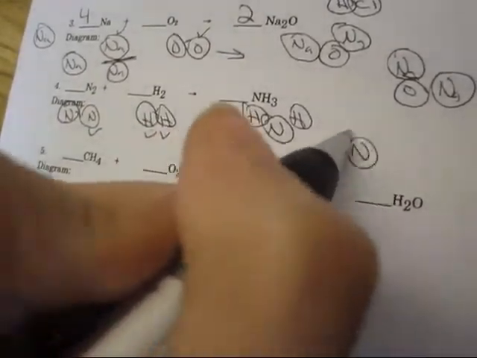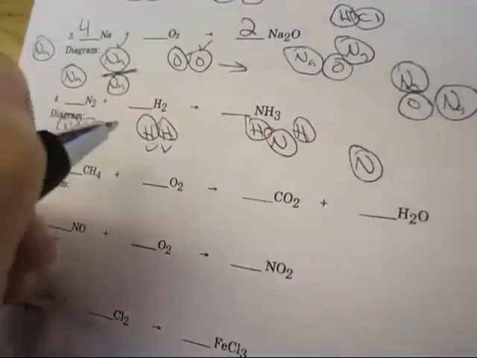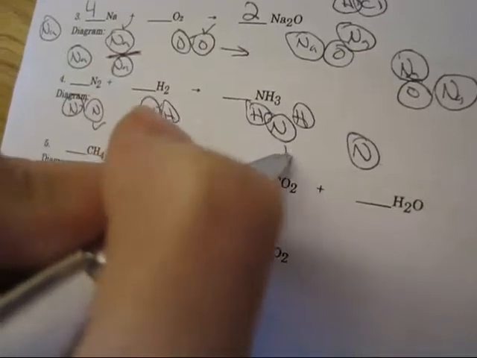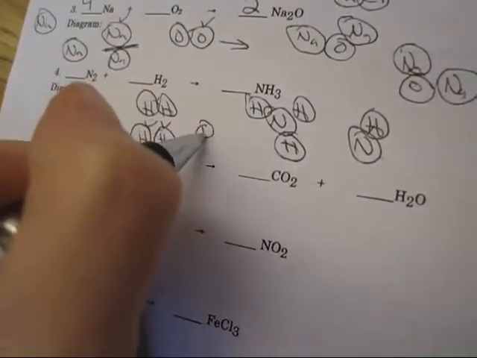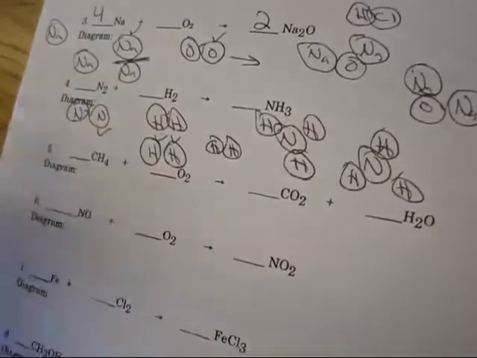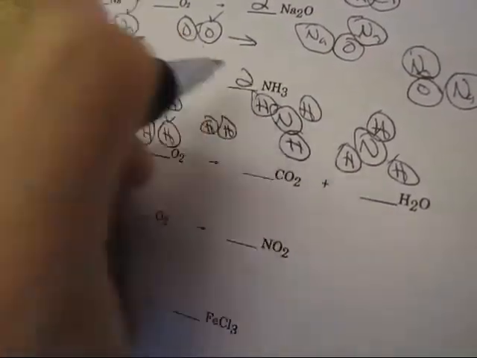And I have an extra N. So that means I need more hydrogens, so I'll add another, and you have to add these in pairs of 2. Oh, that's not quite enough, so I'll add another hydrogen. And there we go. So I've got 1 of these, 3 of these, 1, 2, 3, and that makes 2 of these.